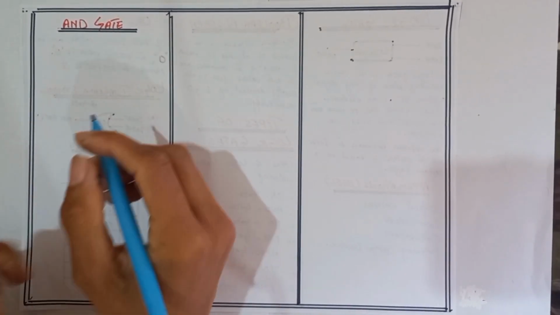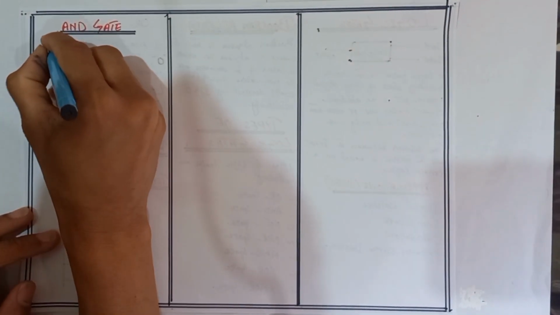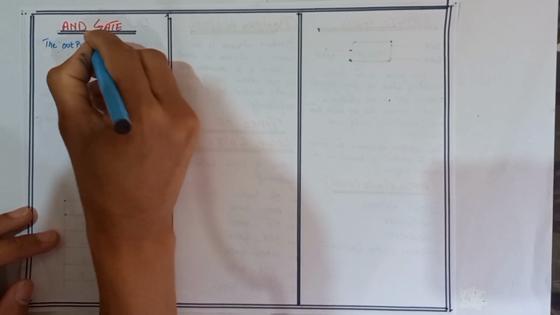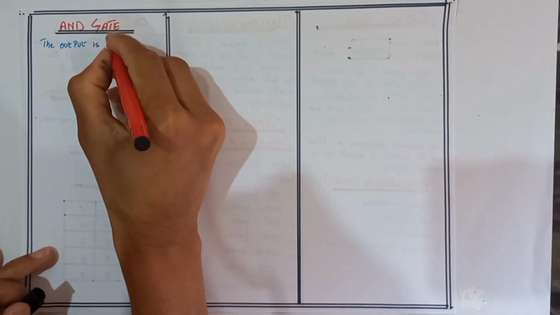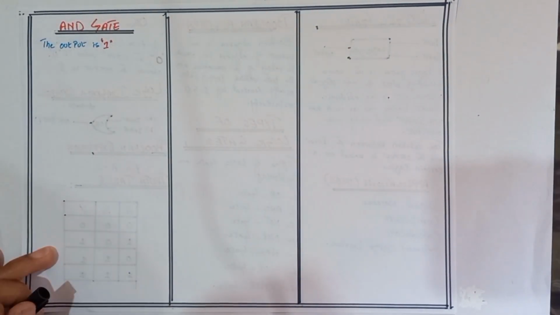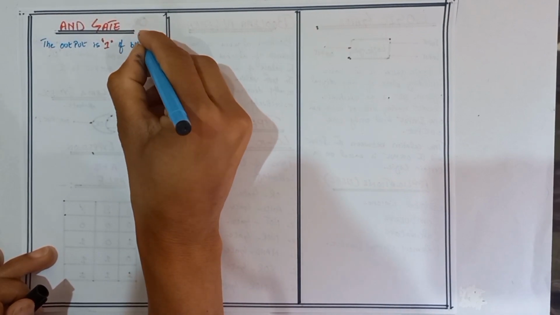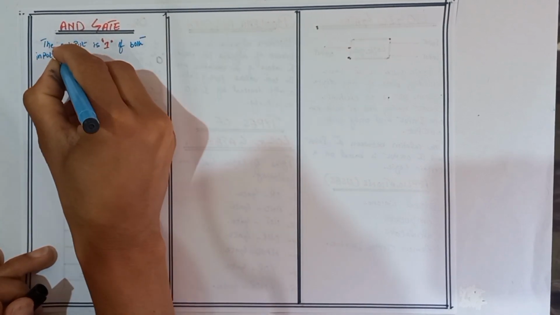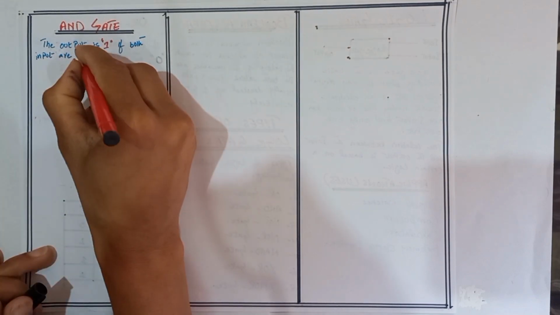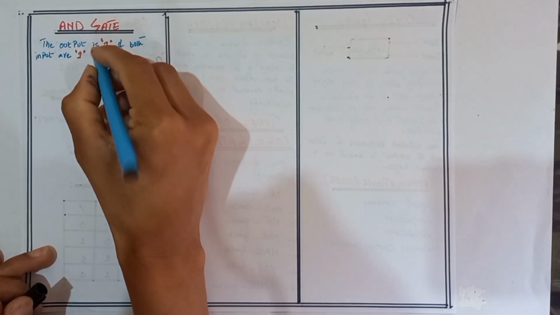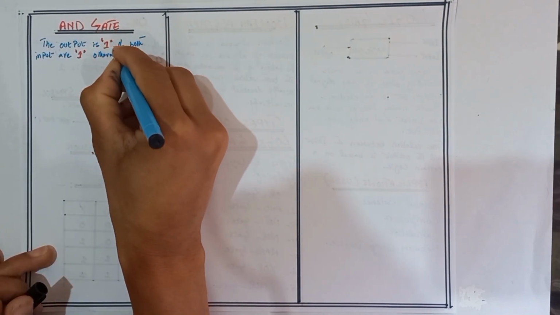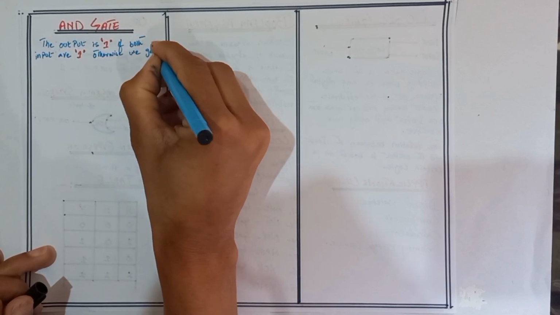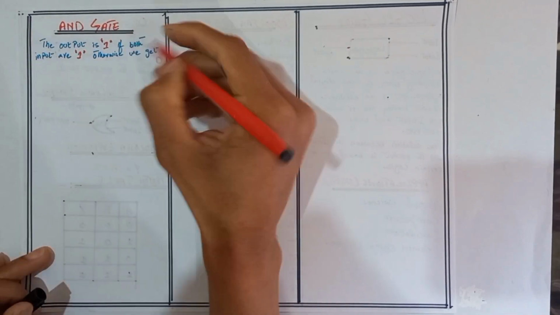Now we discuss the AND gate. In the AND gate, the output is 1 if both inputs are 1. Otherwise, we get 0.